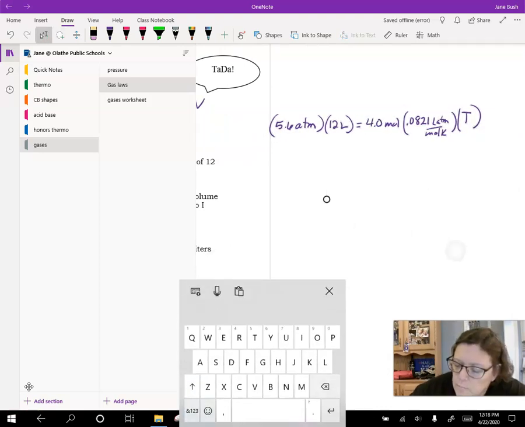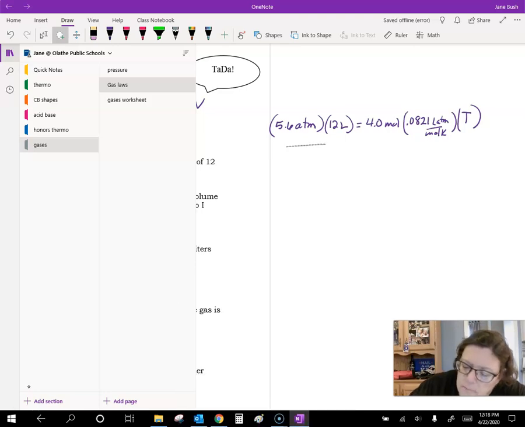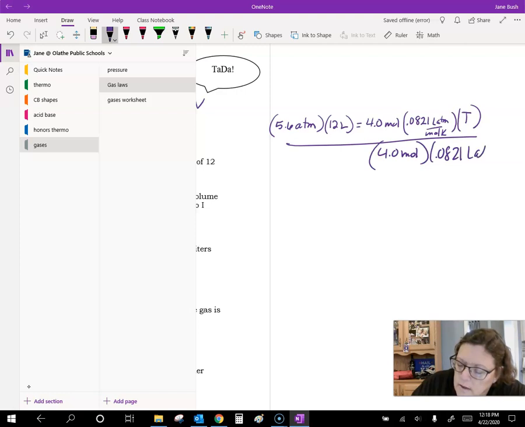Now, we'll solve for T. I'm going to divide both sides by 4.0 moles times 0.0821 liter atmospheres over mole Kelvin.